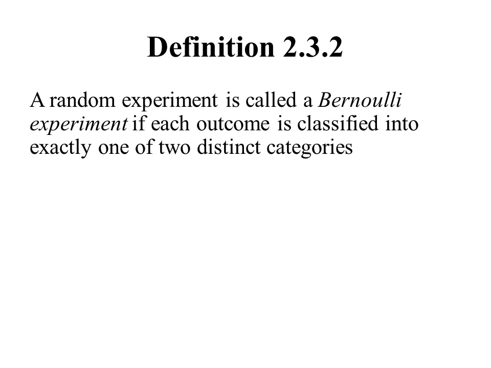Now these two categories are commonly called success and failure. Success does not necessarily mean that something good happened, nor does failure mean that something bad happened. Success is a generic term for meaning that we observed whatever it is we're interested in.